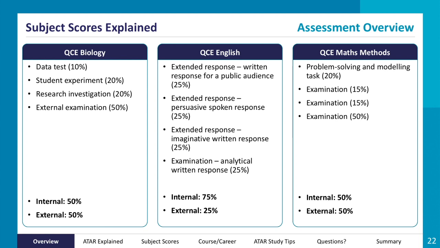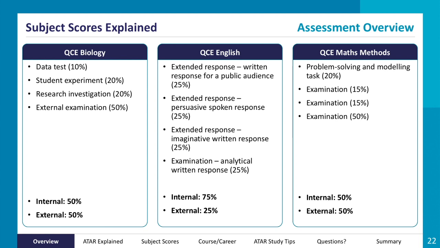So if we have a look here, we can see 3 different subjects. We have QCE Biology, QCE English, and QCE Math Methods. As you can imagine, they're very, very different subjects, and as a result, they logically have to be treated differently in assessment.